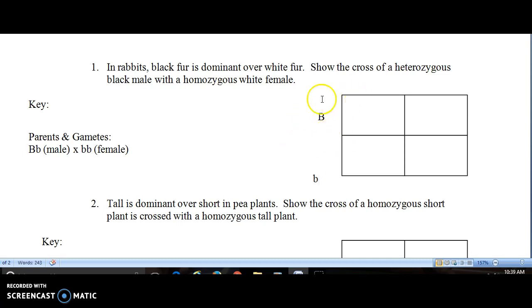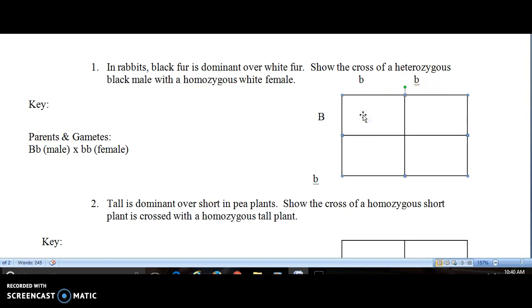Okay, so this capital B goes to this side of the square, this lowercase b goes to the other side of the square. So this is the male, and then up here I'm going to put the female's code, genotype. So here's lowercase b, and then I'm going to put another one right here.